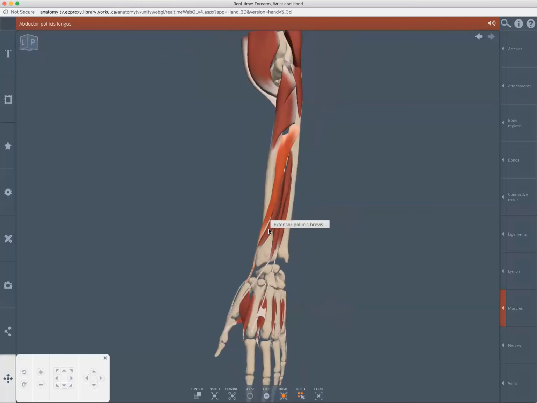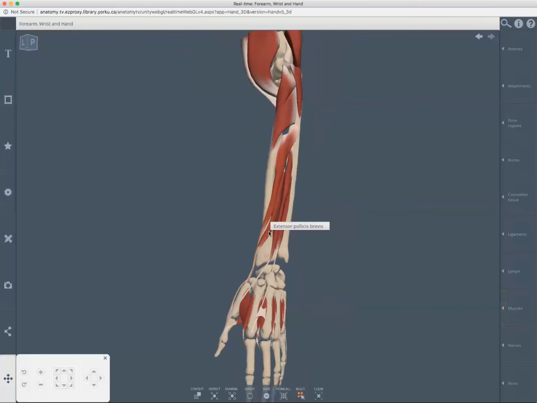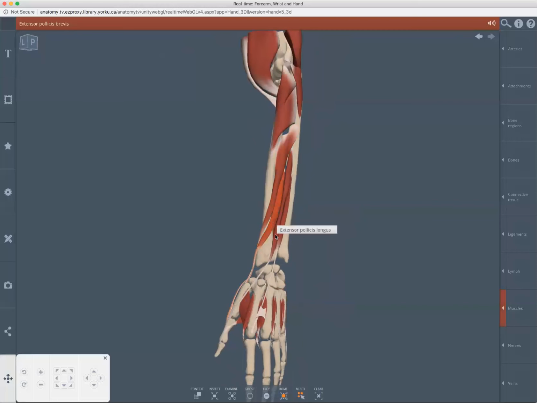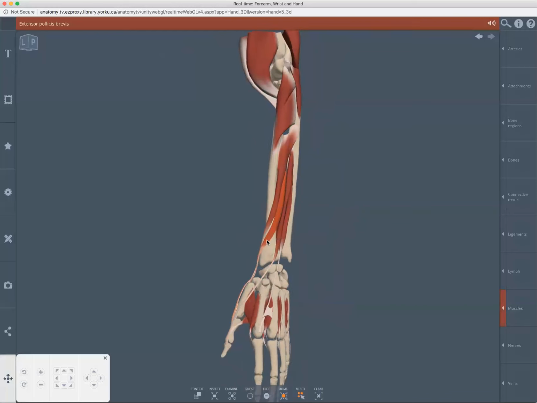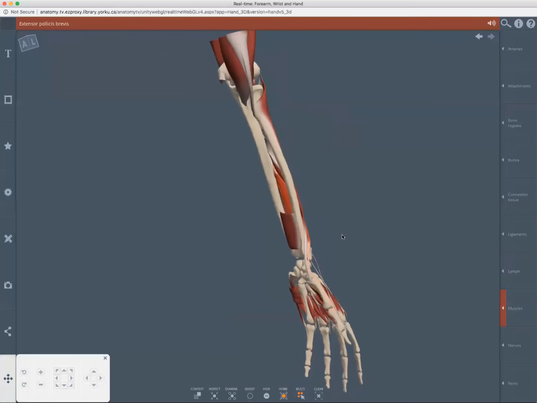As we move medially, we have extensor pollicis brevis and extensor pollicis longus. Let's get the highlights away. So extensor pollicis brevis, brevis meaning shorter, is going to run very close to abductor pollicis longus. You can see their tendons are right next to each other here, okay?